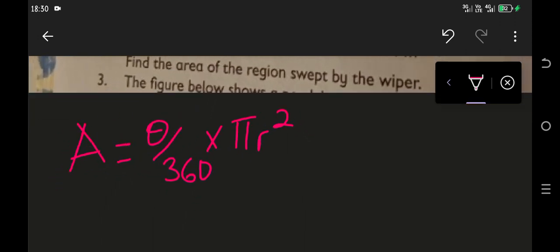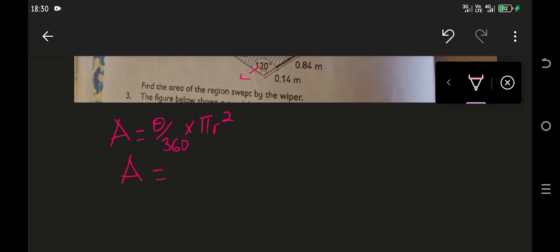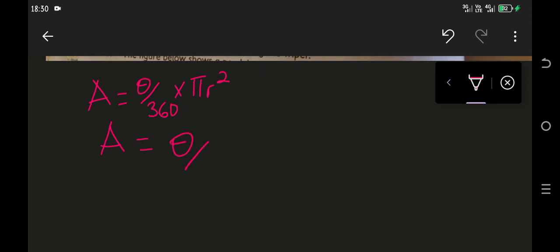Now, what you're going to do here for the annular sector is to take area equal to theta over 360 times pi into R squared minus r squared. That is what you're going to do.